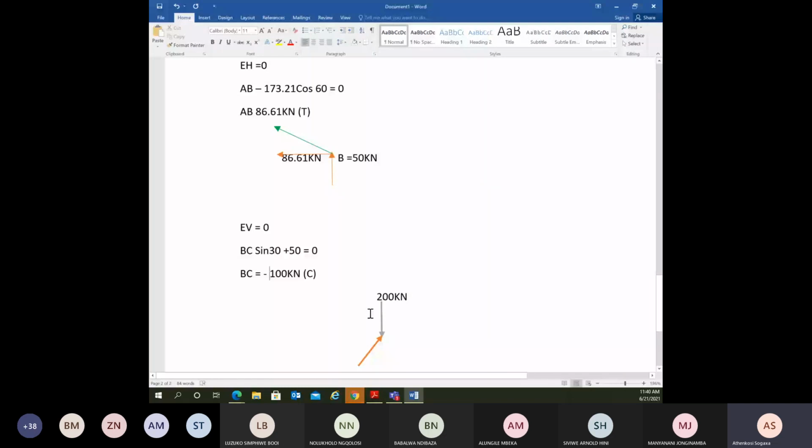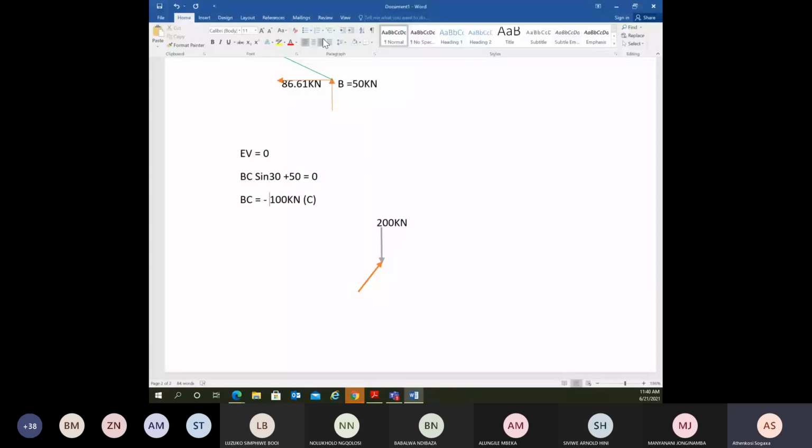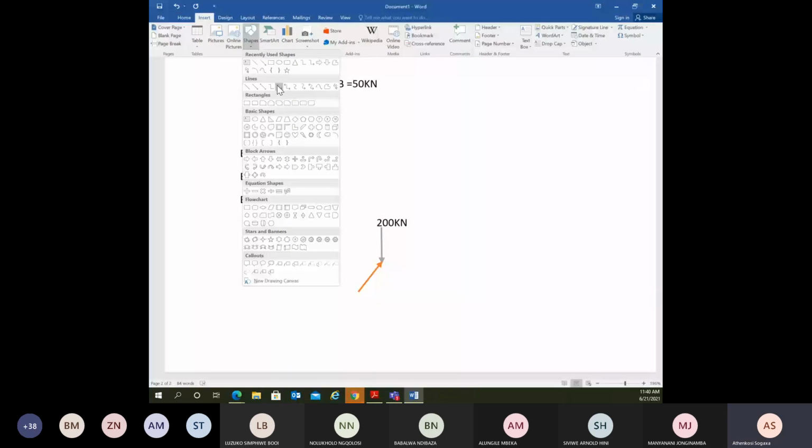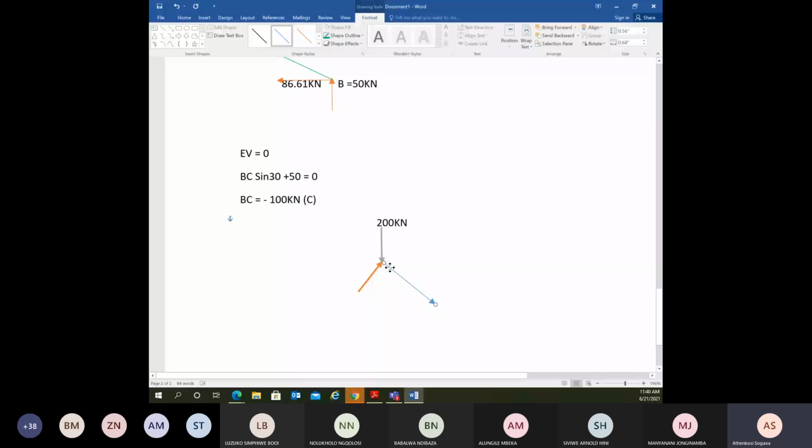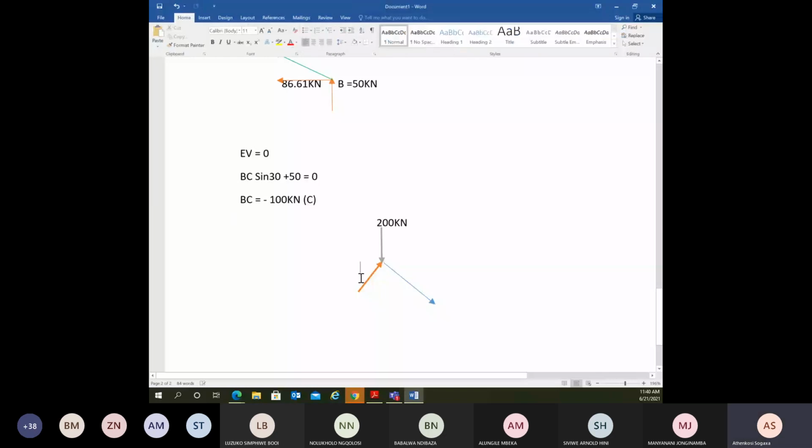Now we have BC that we want to determine here, which we don't know. Therefore, I will assume tension up BC. Here is AC, and 200, and this one will be BC.